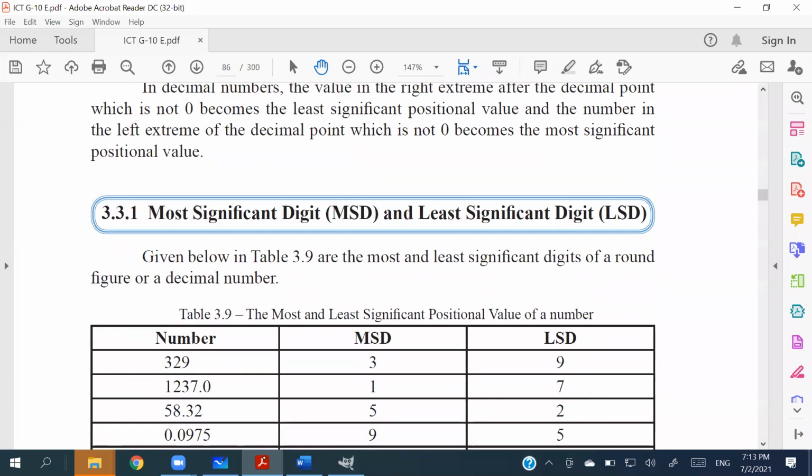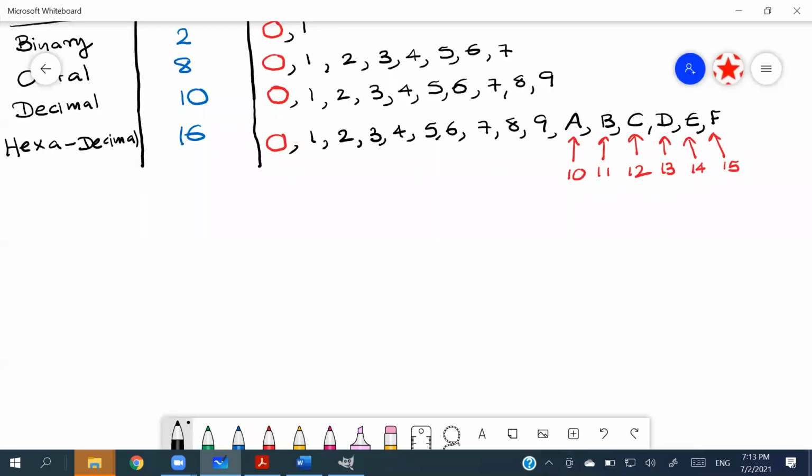Let's talk about it from the digit part. So the first one we are going to talk about is the least significant digit. We call it in short form LSD.